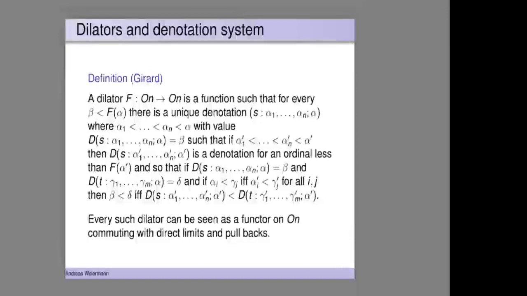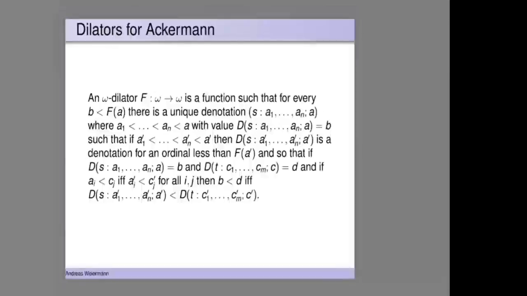But the point now is I want to study dilators on natural numbers. So I have the notion of an omega dilator. And what is this? Well, I take the previous slide, and everywhere where there's an ordinal, I just plug in a natural number. So an omega dilator is a function from natural numbers to natural numbers.